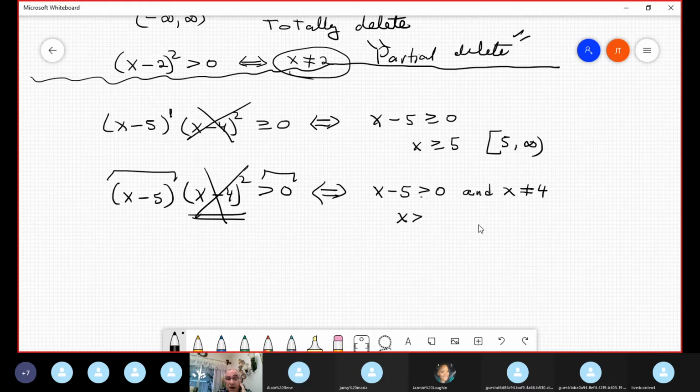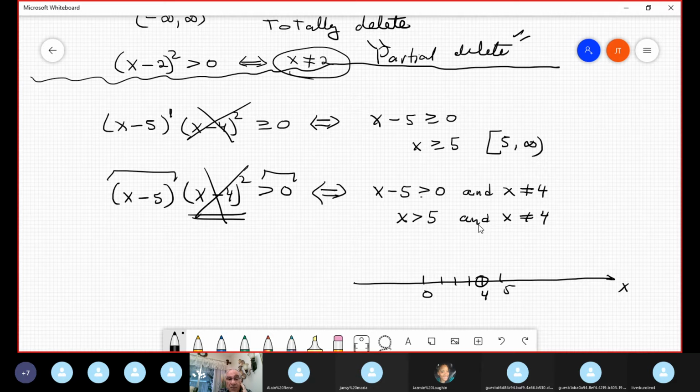You solve this inequality, get x greater than 5, and x is not 4. Let me try to understand this compound inequality. Here, this is 0, 1, 2, 3, 4, and at 4 we have a whole, and 5 is greater than. Greater than means a parenthesis in that direction.